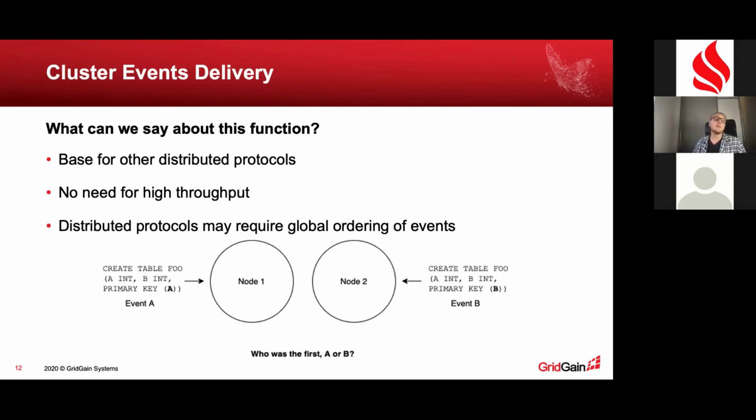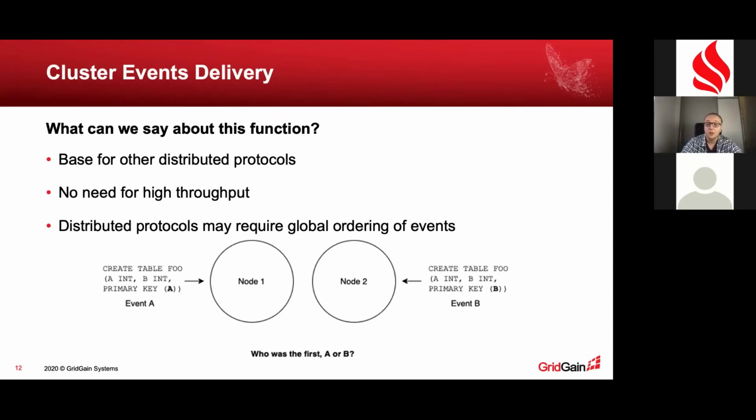So when these operations happen in parallel on two nodes, we need some way to know which one is to succeed and which one is to fail. This might be quite a simple example, but I hope it illustrates the benefits of having the global order of events.